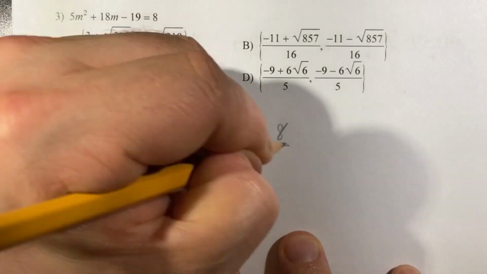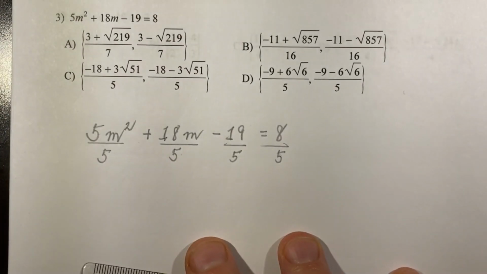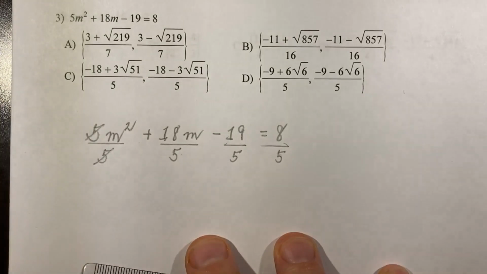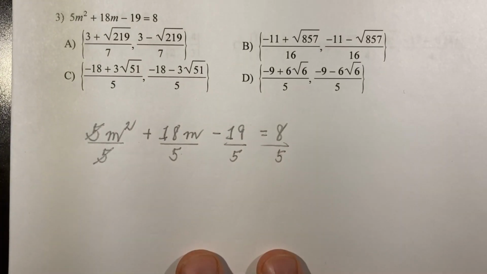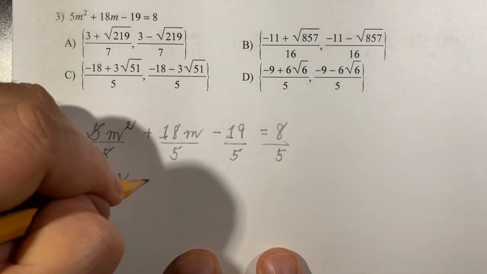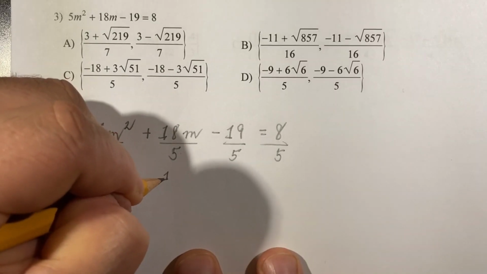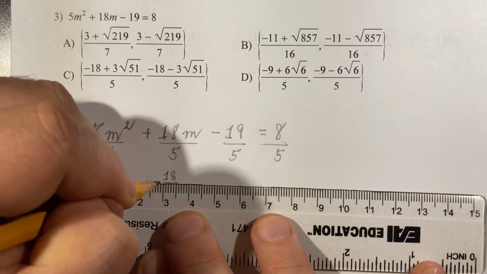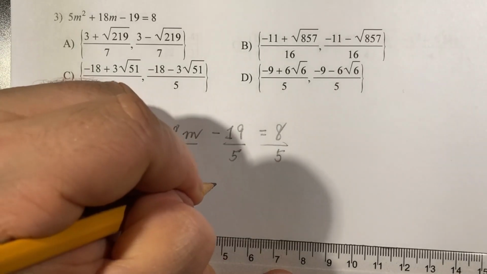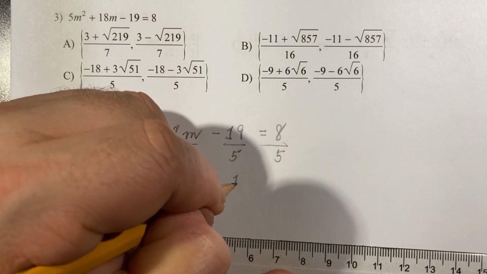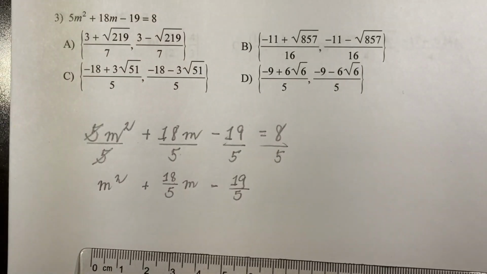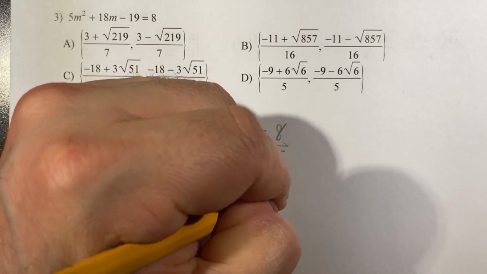And the easiest way to handle this is to just leave it. Don't try to come up with some decimal or anything like that. So those will cancel and everything else we'll just leave as fractions. So we have m squared plus 18 over 5 m minus 19 over 5 equals 8 over 5.